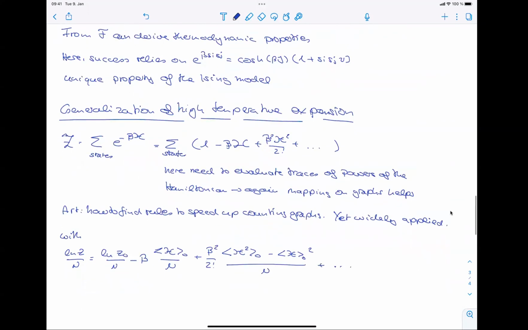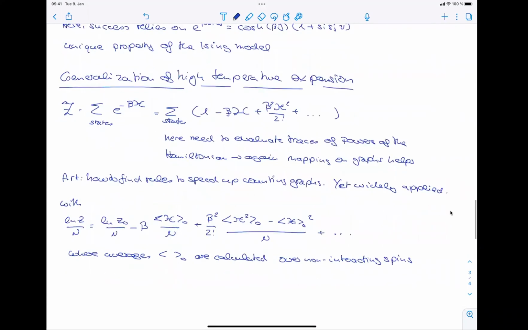This in principle also follows from the generalization of the high temperature expansion, where these averages are calculated over non-interacting spins as outlook. Okay, so that was the high temperature series expansion.